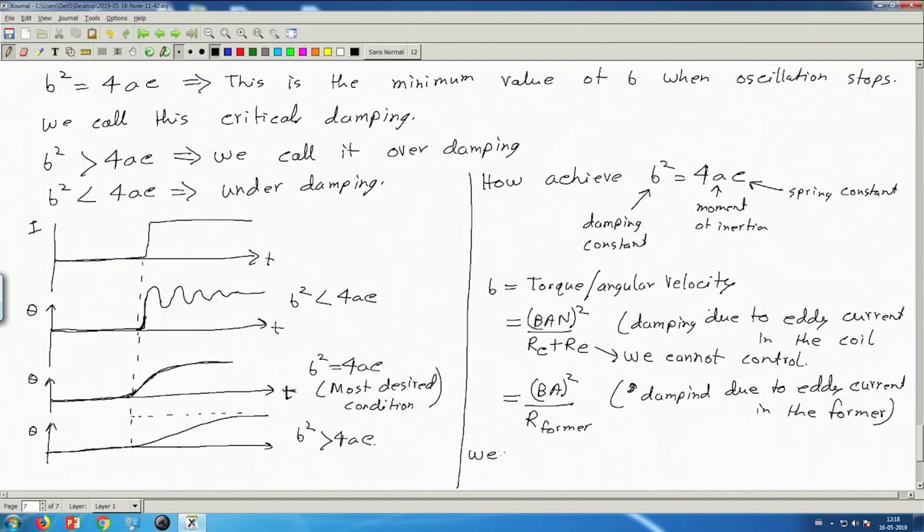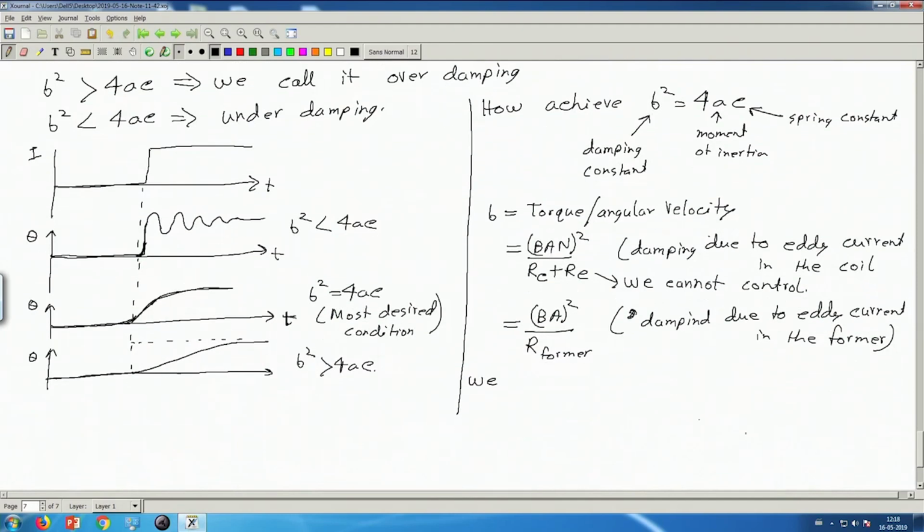Now if we choose a very high value of R former resistance, this will imply a very low B, and this may imply oscillation or an under damped situation.